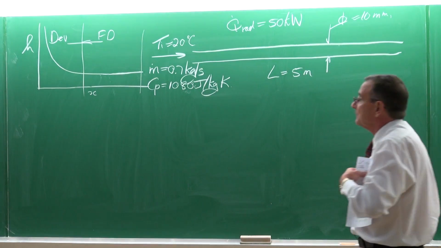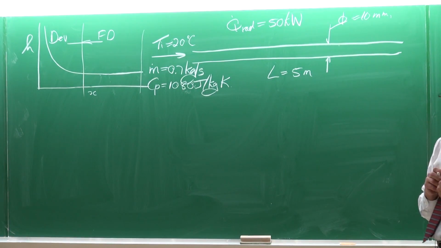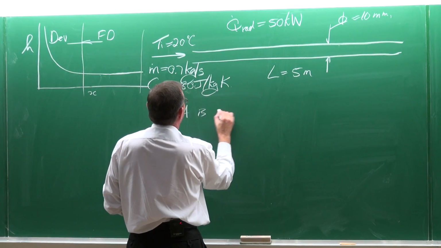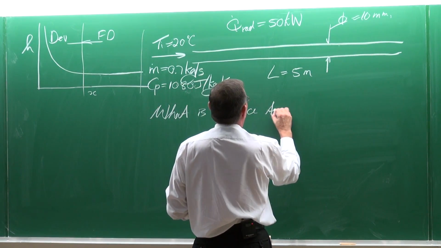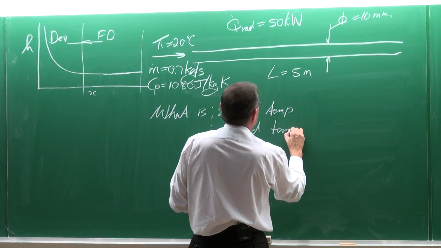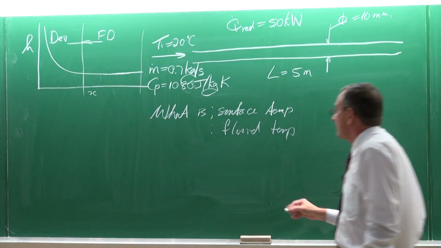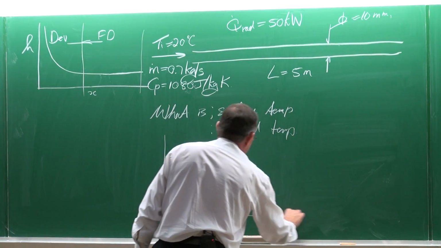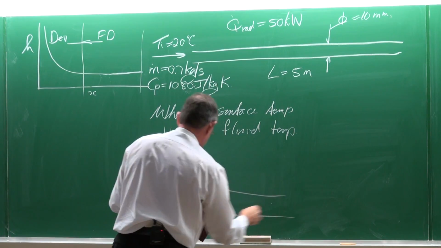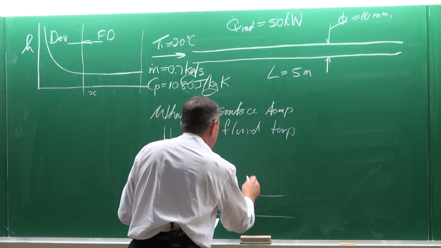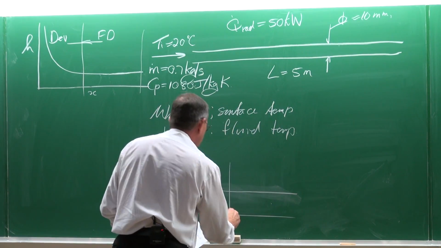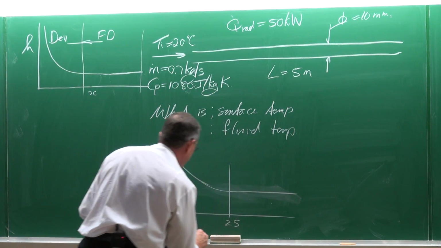So what we have to determine is the surface temperature and the fluid temperature, if we give the following details. That is the heat transfer coefficient, and at 2.5 meters it's going to be fully developed, so halfway through the tube.